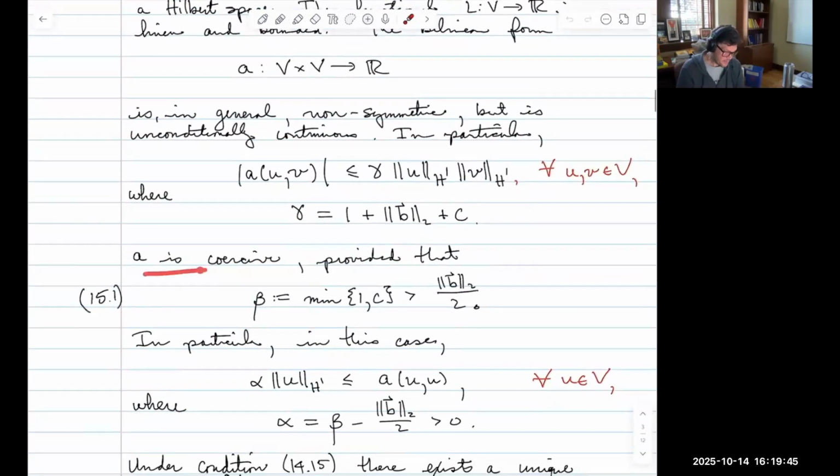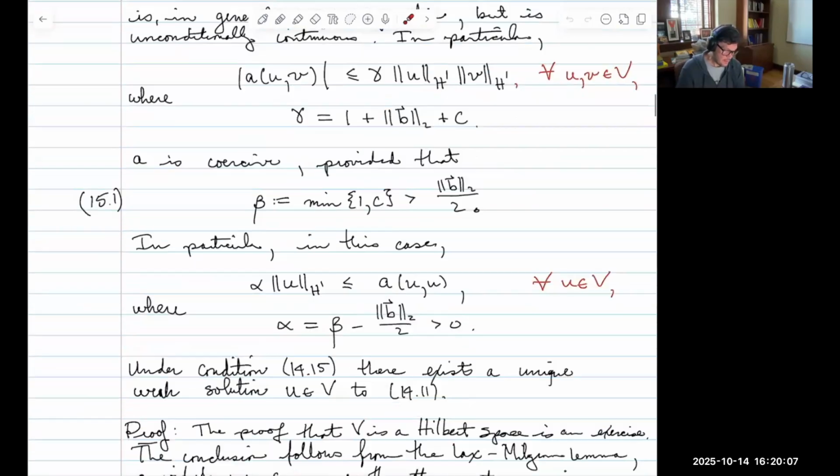Furthermore, A is coercive, provided that beta, which is defined as the minimum between 1 and C, is strictly bigger than the Euclidean norm of B divided by 2. If this is true, then we can write the coercivity as A(U,U) is greater than alpha times the norm of U squared.